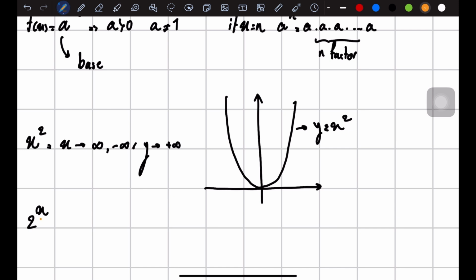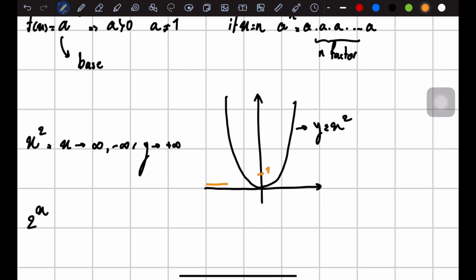We all know any number to the power of 0 is 1, so let's call this point 1. Our function is moved from this point, and as we said, as x approaches negative infinity, y approaches 0.